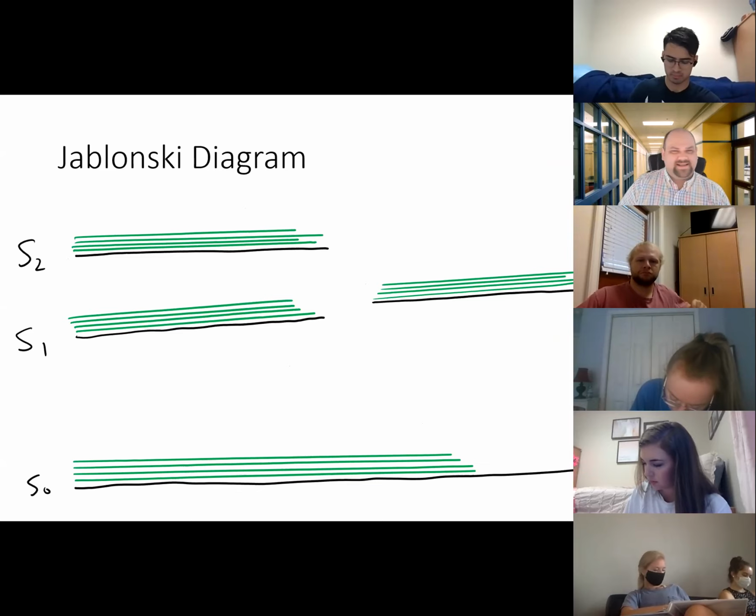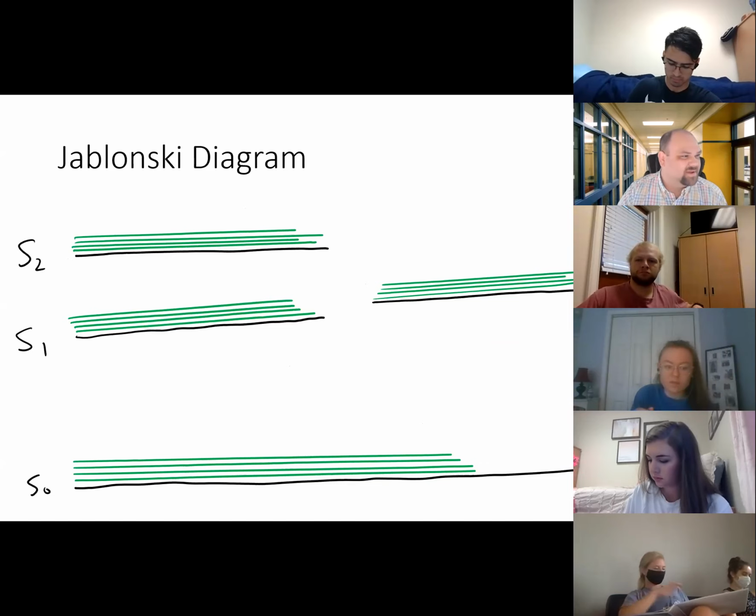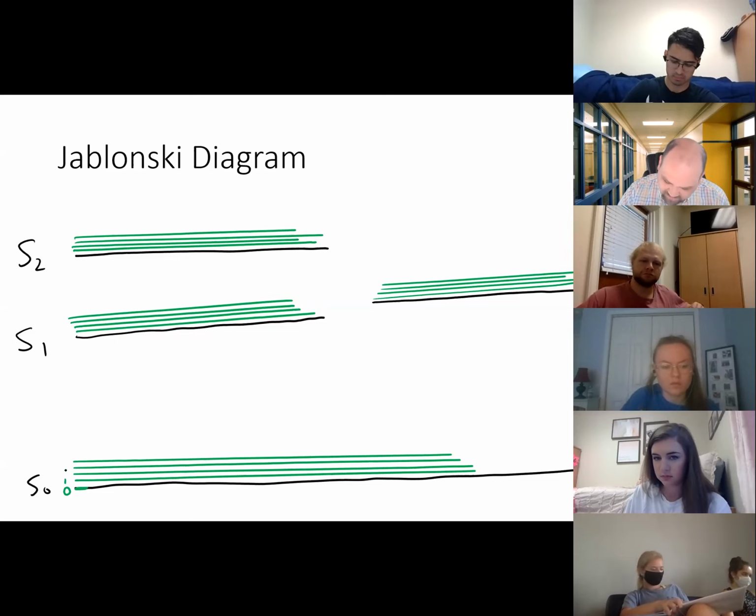I'm going to follow our text notation and call these n, even though that's not what I'm used to, but there is an overlap here. At the very ground state, there is a vibrational level there. And so that one is 0. Then we have 1, 2, 3, and 4.